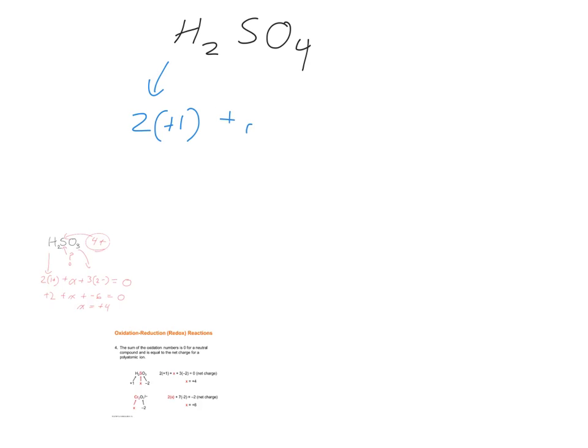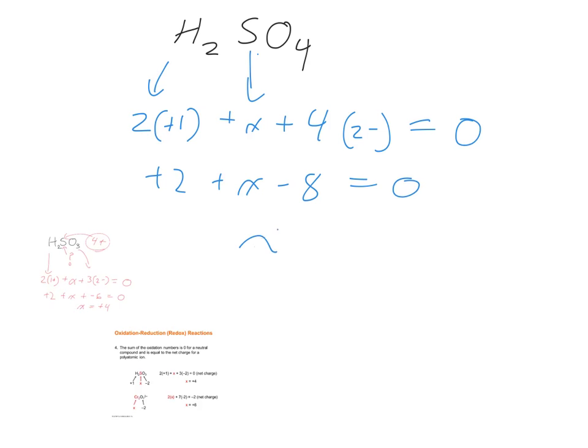I have 1 sulfur, and then I have 4 oxygens at 2 negative each. In this scenario, x would be 6, right? So sulfur would have an oxidation number of 6 in this compound.